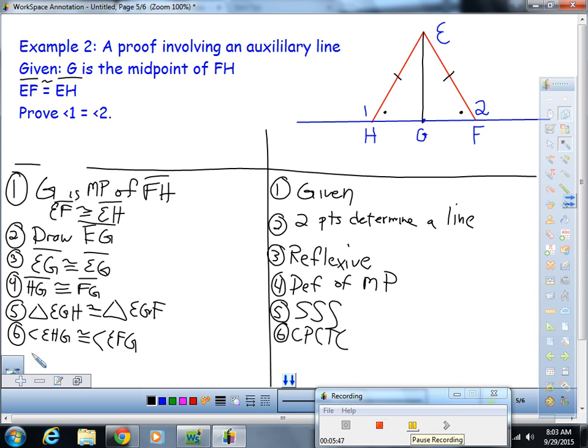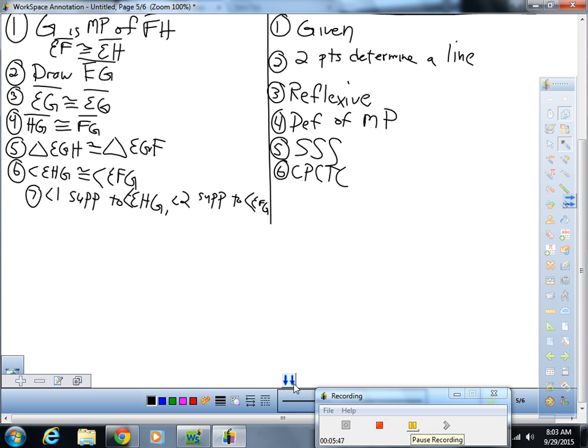And now I'll say angle 1 is supplementary to EHG, and angle 2 is supplementary to EFG. Okay, and my reason for that is assumed from diagram.